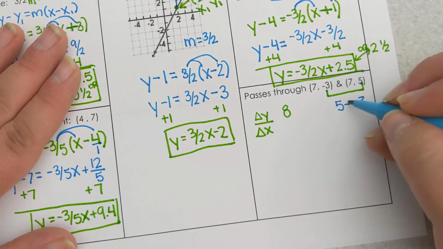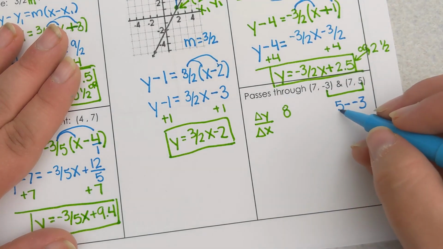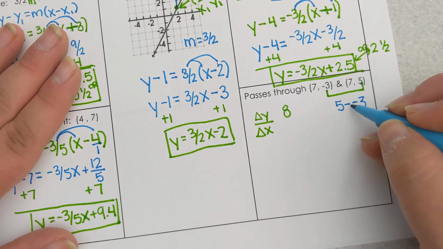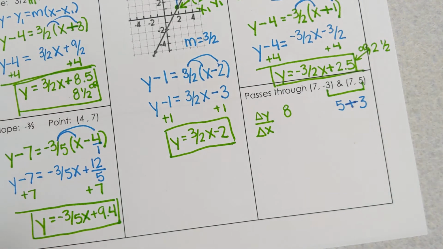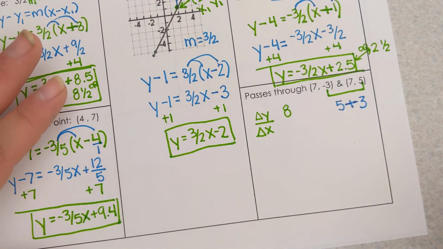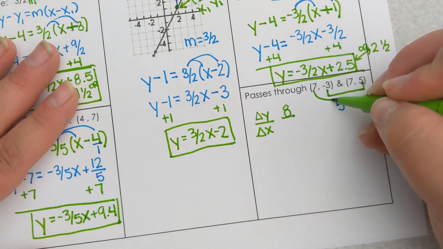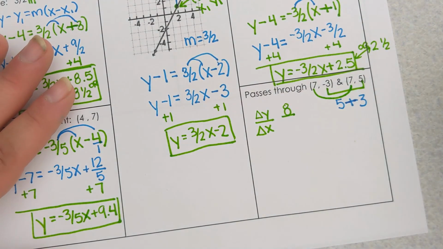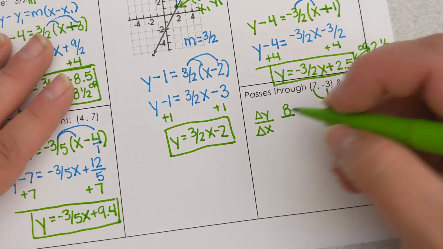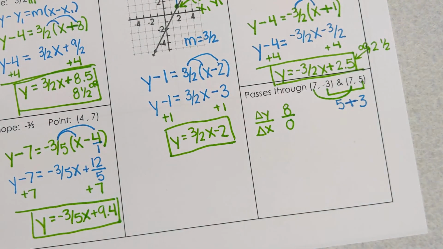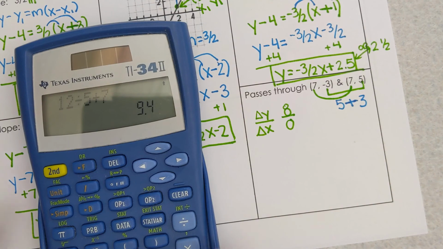Always start with this one minus this one. And 5 minus negative 3, double negative becomes a plus. 5 plus 3 is 8. Then my change in x's, 7 to 7. Well, that doesn't change at all, so that's 0. Guess what happens when you try and do 8 divided by 0?